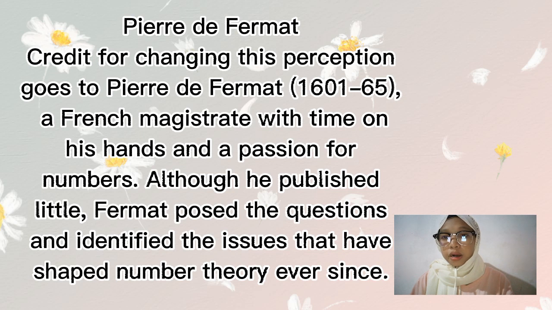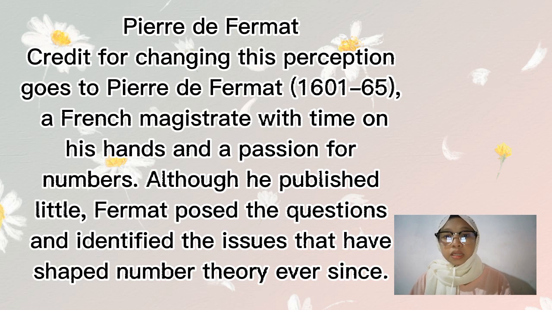Among the former are 5, which is 4 times 1 plus 1, and 97, which is 4 times 24 plus 1. Among the latter are 3, which is 4 times 1 minus 1, and 79, which is 4 times 20 minus 1.